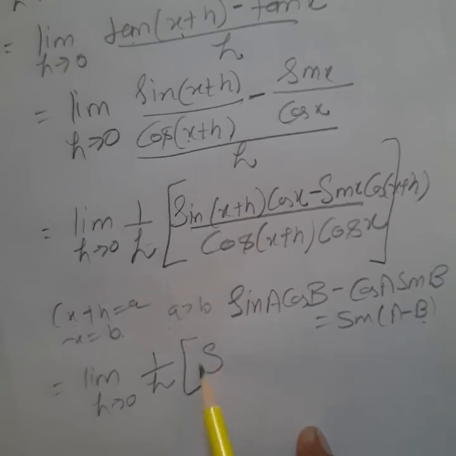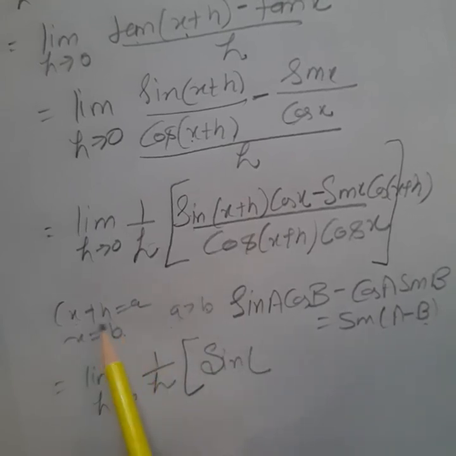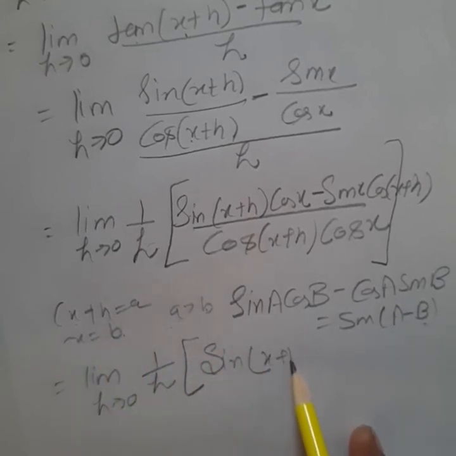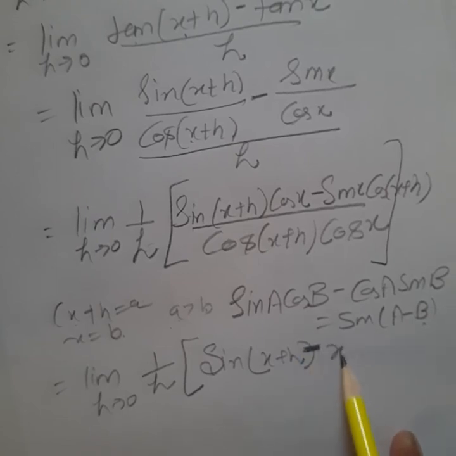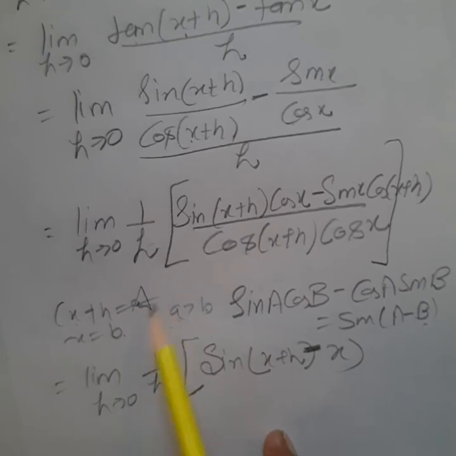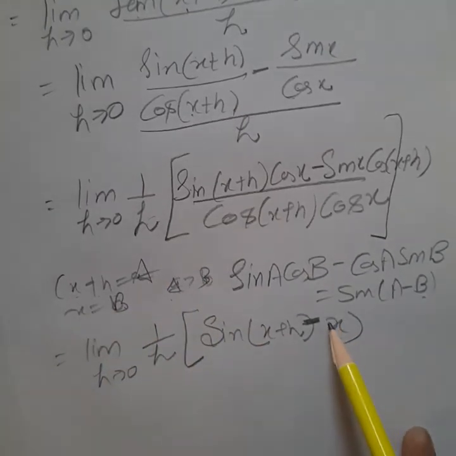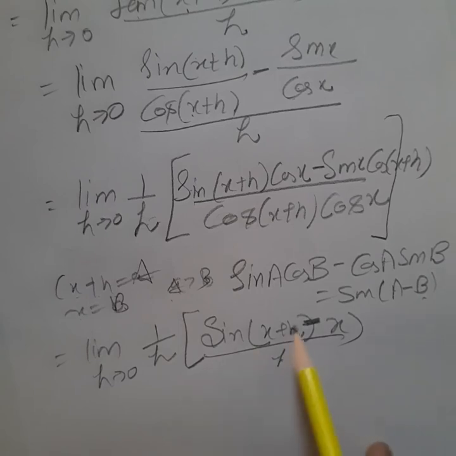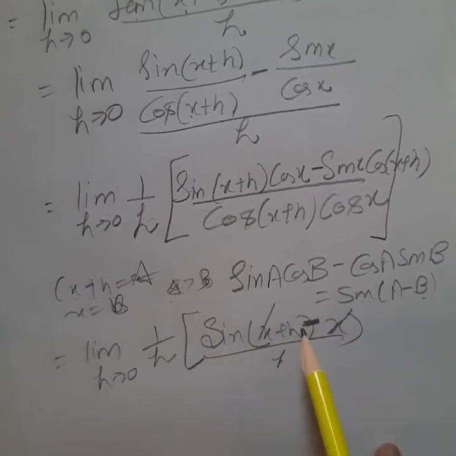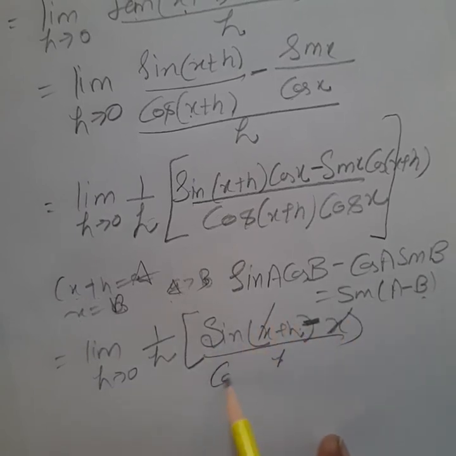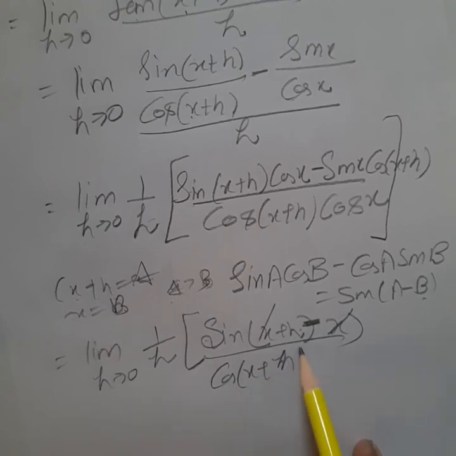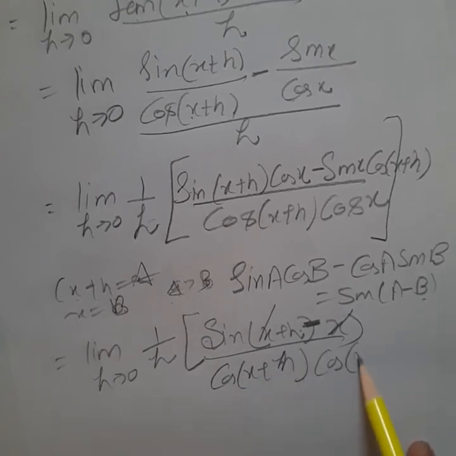So students, you can write here sine, what is a here, x plus h, and what is b, that is x. Sorry, you can write the capital letters also. Okay, so by cancelling x by x you get only sine h in the numerator, and in the denominator you have cos of (x plus h) and cos x.